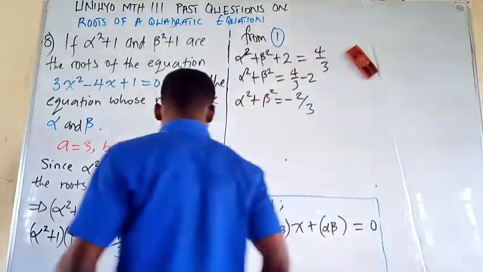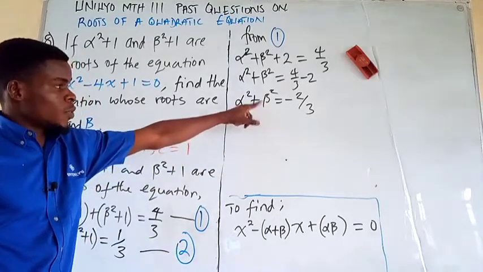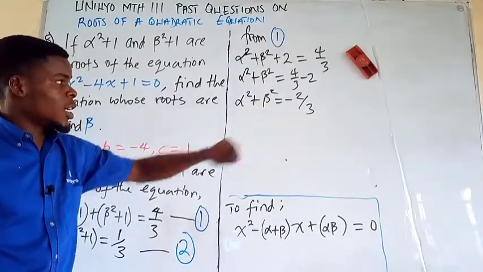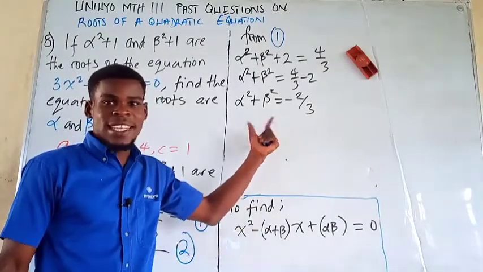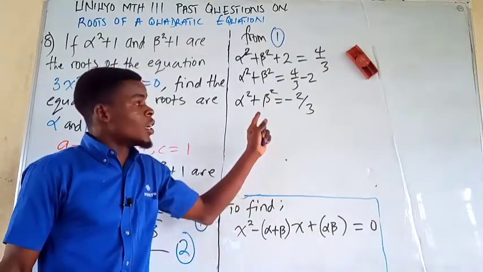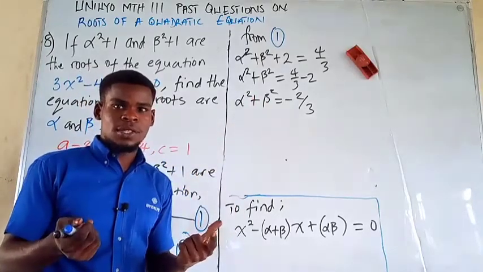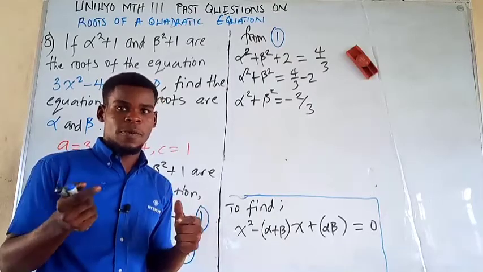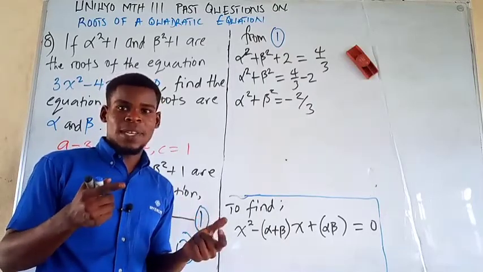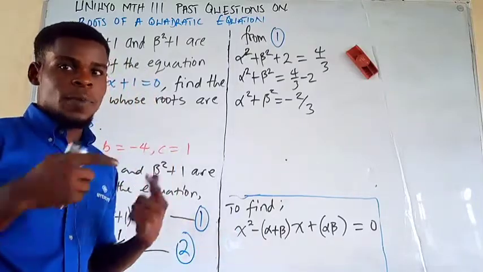Okay, so we continue that alpha squared plus beta squared is equal to negative 2 over 3. Now, I don't know if you can see that this is a little bit awkward. When you square something, the result is going to be non-negative. It's either going to be 0 or greater than 0. For all real numbers, the square of negative 1 will be positive 1.